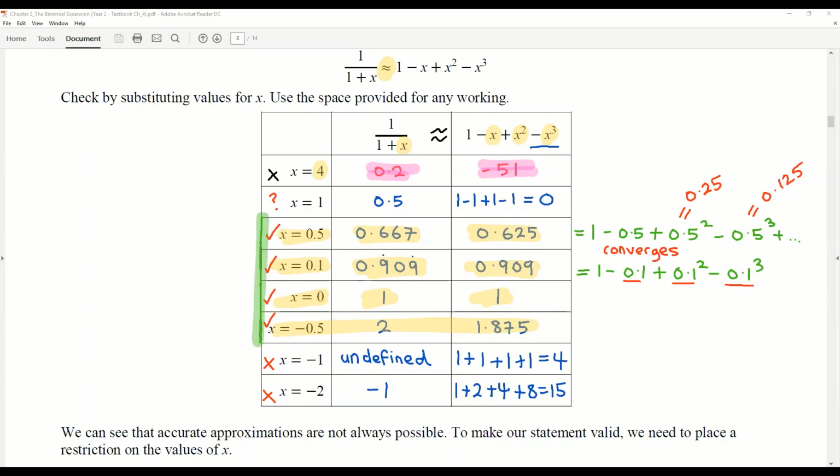The other values that you substituted in, such as x equals 4 and x equals -1 and -2, those are just going to add larger and larger values or subtract larger and larger values. They're going to diverge. So we want values that converge, and the only way to produce convergence is to use fractions between 0 and 1 or between -1 and 0.